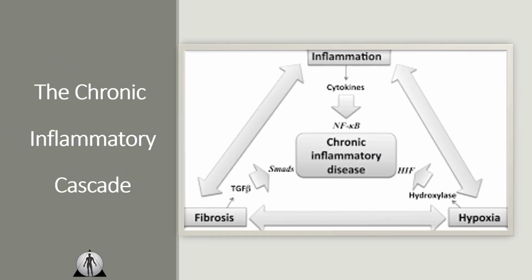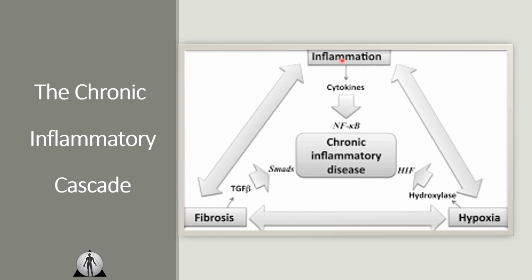So this drawing does a good job to show you what the chronic inflammatory cascade looks like. As I said earlier, inflammation is extremely important for the healing process. The problem begins with an injury almost always. And as we develop the injury, then the body produces inflammation and messages through something called cytokines, okay?